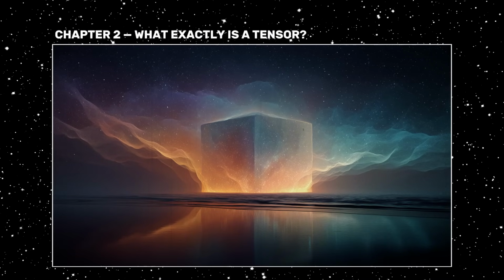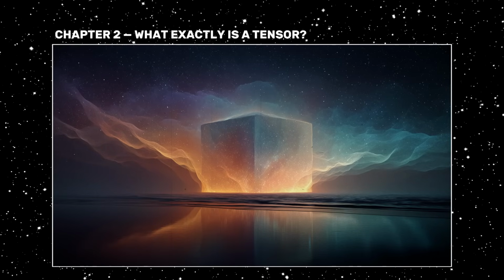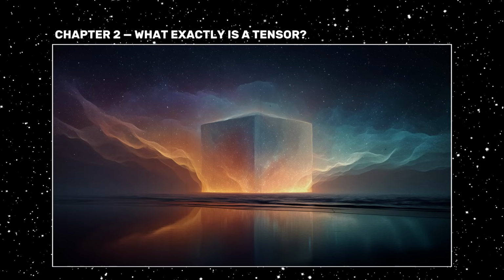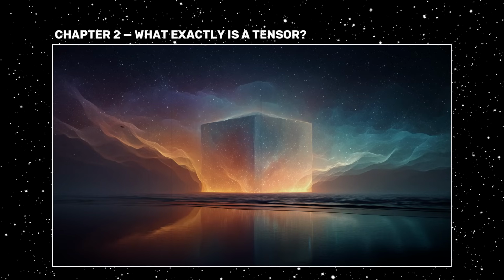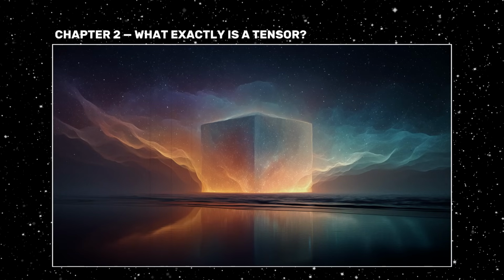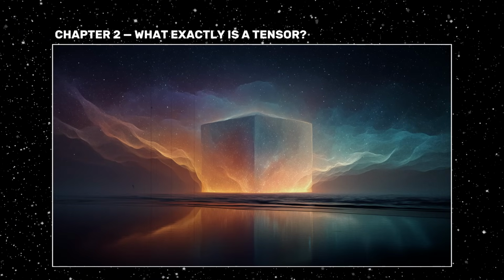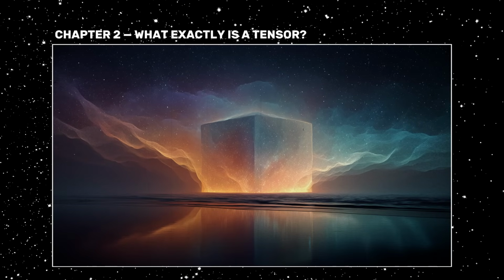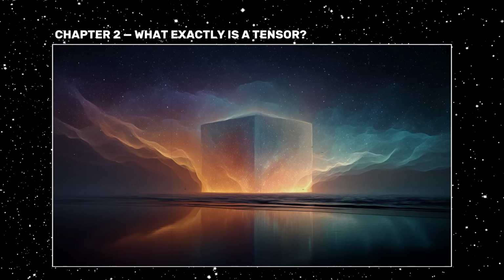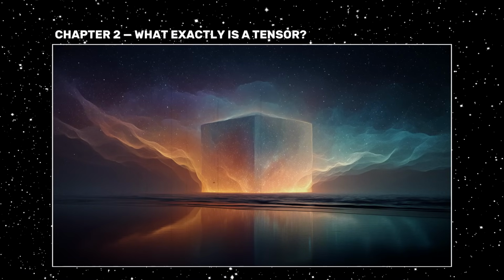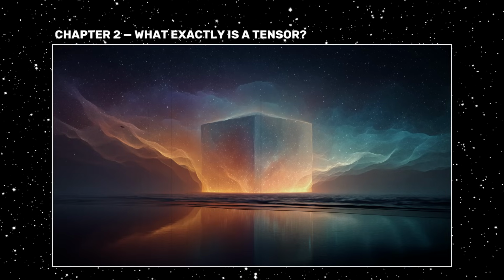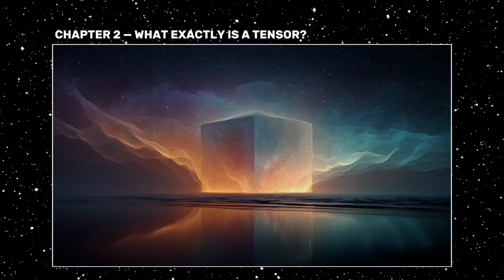But to really understand what a tensor is, one must appreciate its geometric meaning. Imagine again being on the surface of a sphere. If you move north, then east, then south, you may not end up exactly where you started because the surface is curved. The rules of geometry are different on curved spaces.